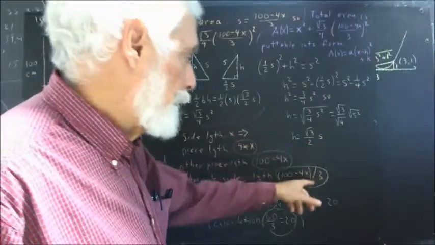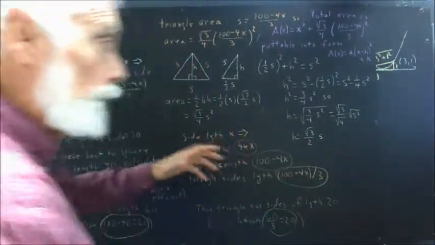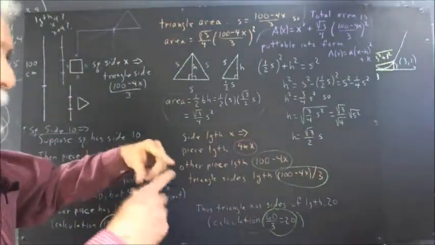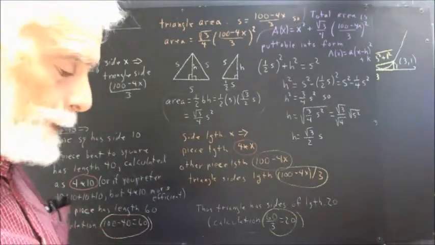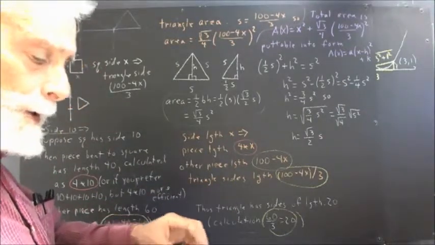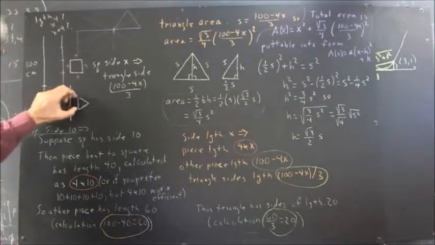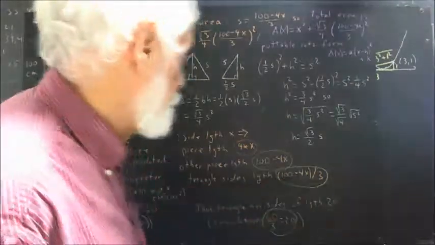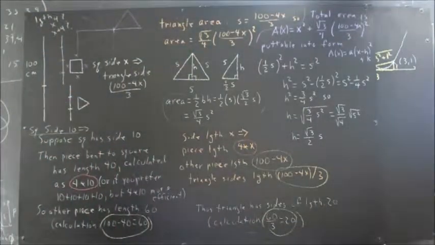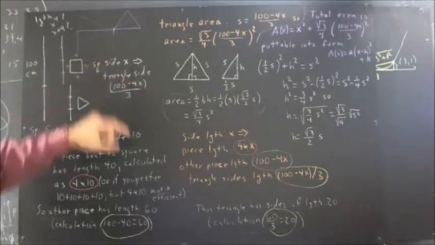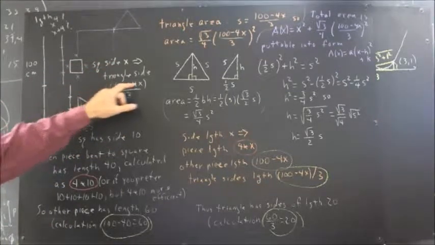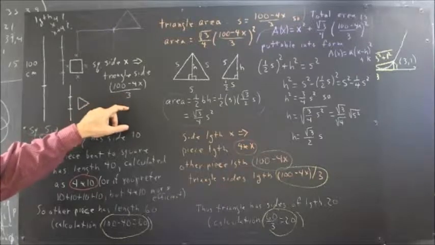And the length of a side has to be that divided by 3, since that whole piece has to give us the 3 sides. We don't cut it, but we kind of divide it into 3 parts. And one part is the width of the triangle. Okay? So now we know that a square of side x implies a triangle of side 100 minus 4x quantity divided by 3.